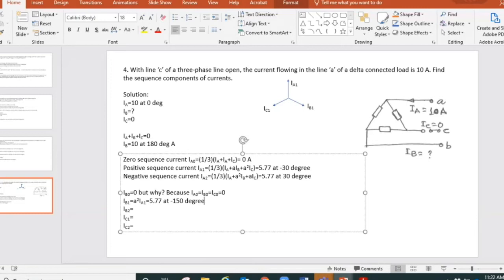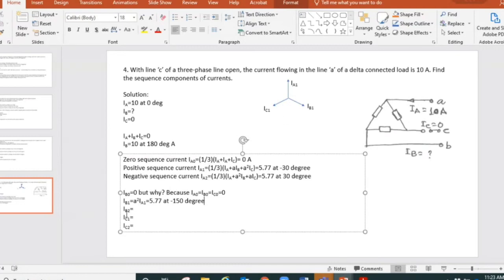Anyone to verify before we go to the next one? I guess others also got this value.